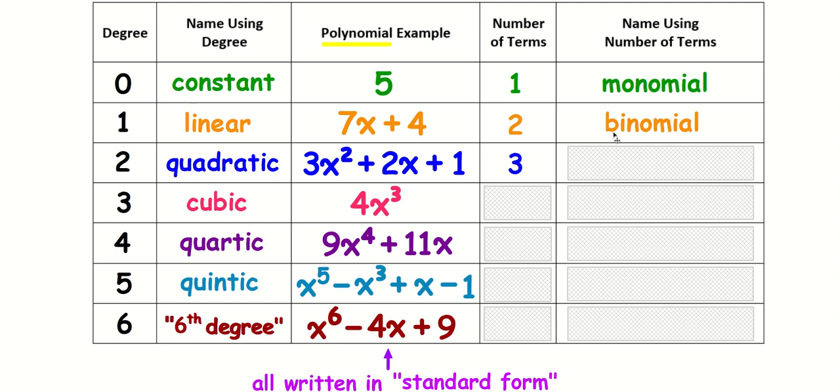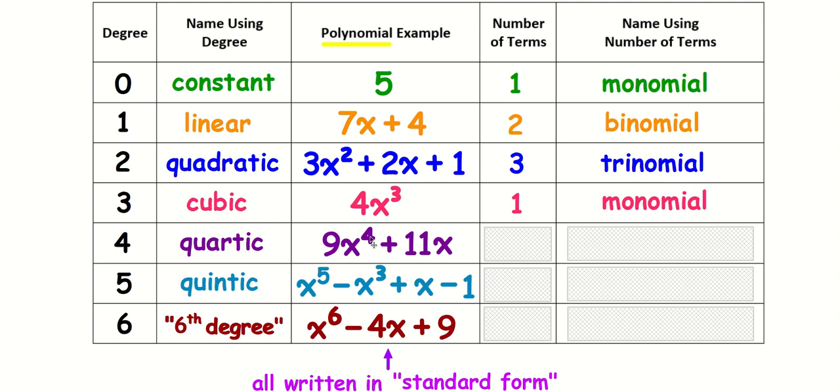But it's not, because it has 3 wheels. Tricycle. So when it has three terms, the 3x squared, the 2x, and the 1, we call it a trinomial. So this one, how many terms here? Well, 1. So what do we call it? A monomial.